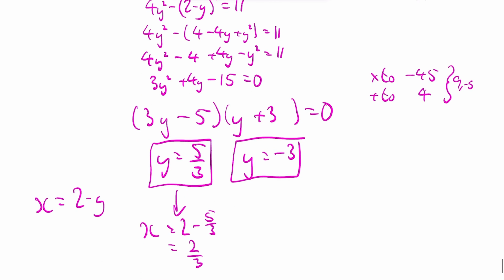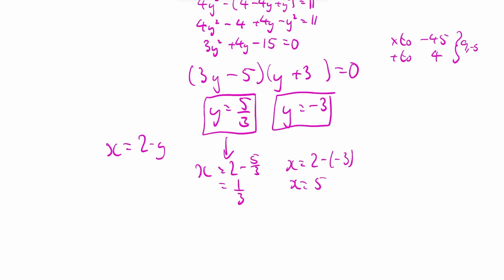No, it doesn't. Gives us 1/3. And x is 2 take away negative 3, which gives us 5. So our 2 coordinates where it meets, because that's one valid way of writing this down, are 1/3, 5/3, and 5, minus 3.